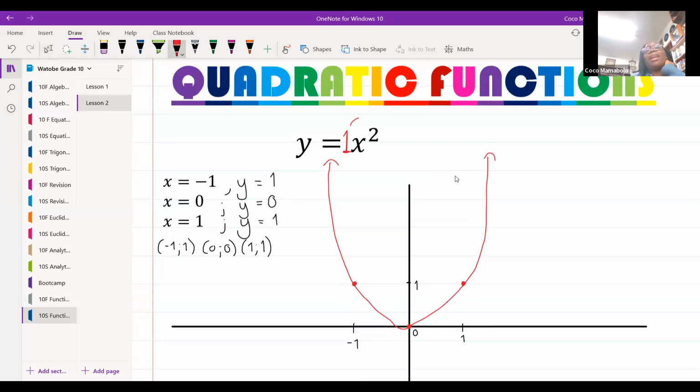So when this number that I'm getting over here in the middle is positive, my graph, which is called a parabola, is a smiley parabola. Okay, it's smiley.